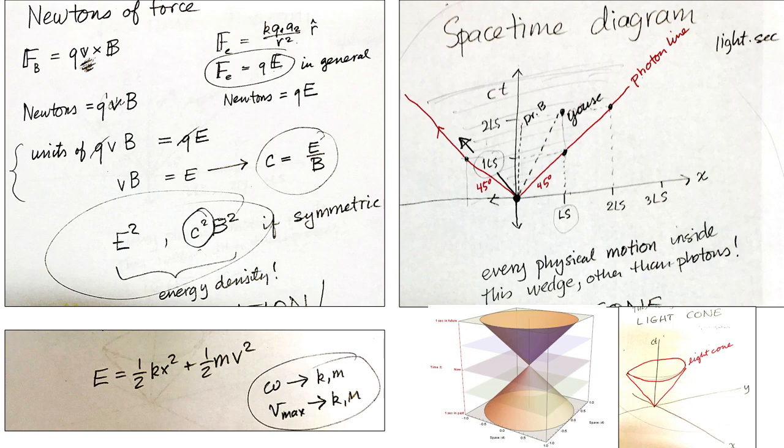And then we go 1 light second here, 2 here. I'll go up 2 light seconds here. Now put a dot here at the origin, 0, 0. Now, a photon of light will travel this far in 1 second.